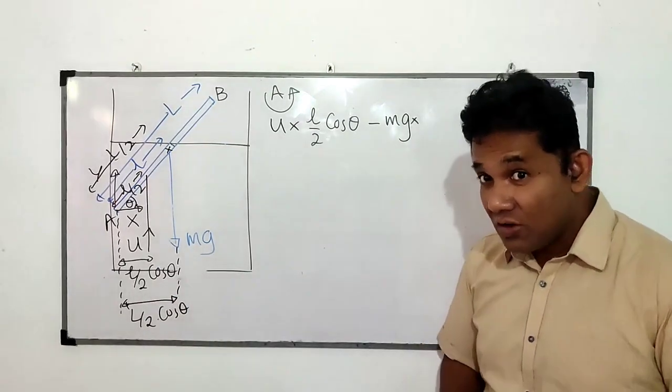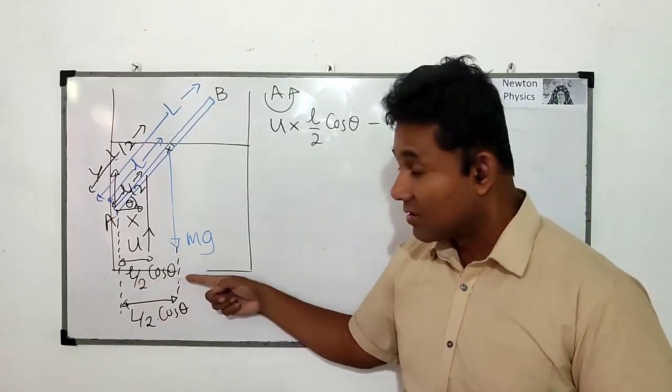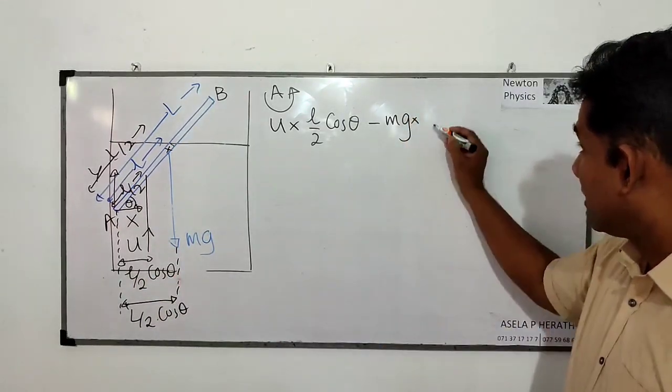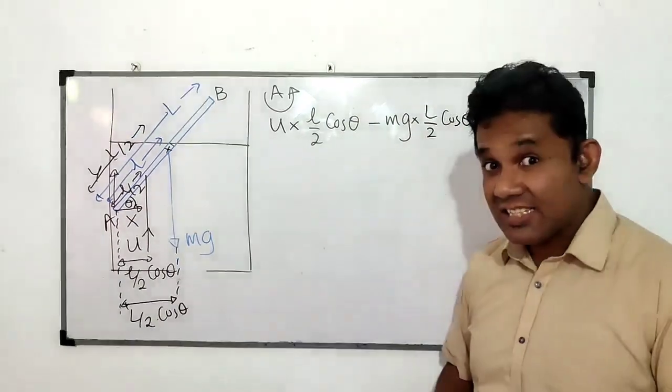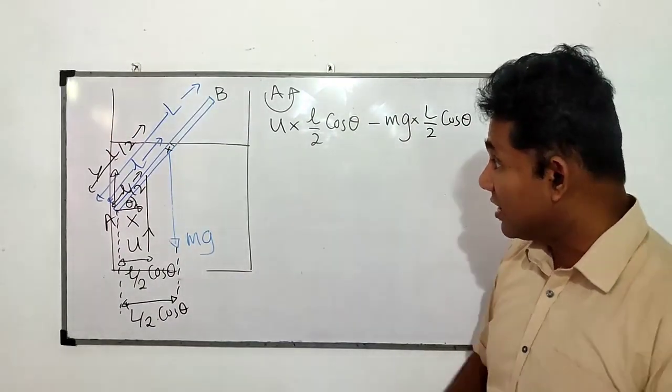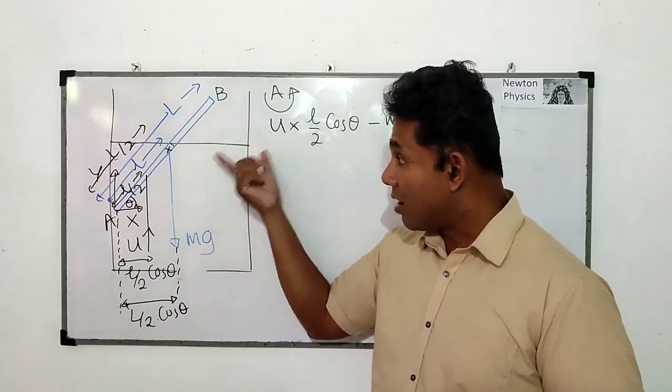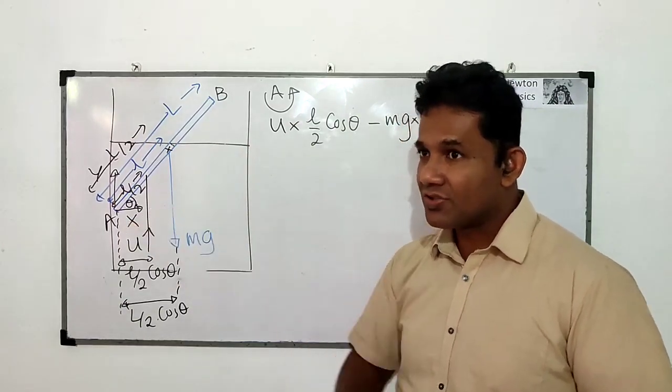You have to be careful when you are finding the lengths here. Since this is in equilibrium, you know that the net moment, or the summation of the moments around this point, should be equal to 0.